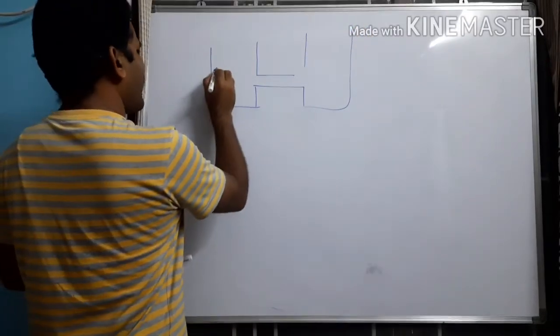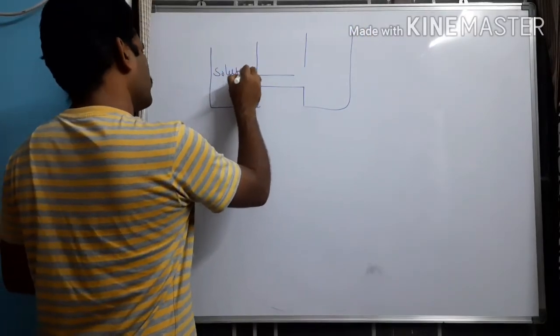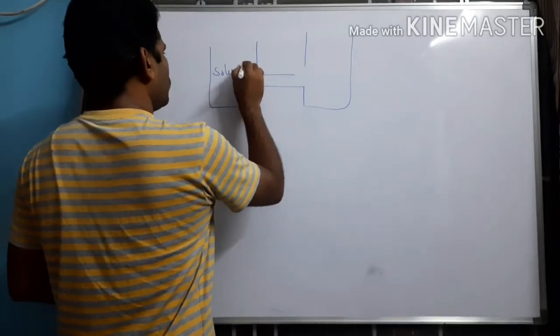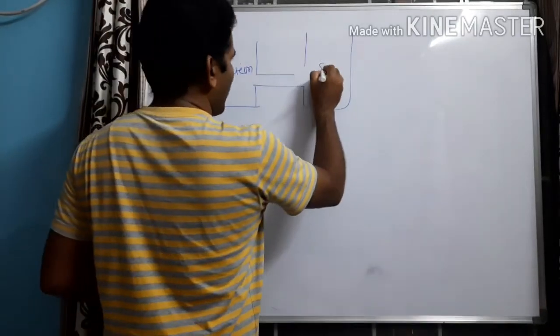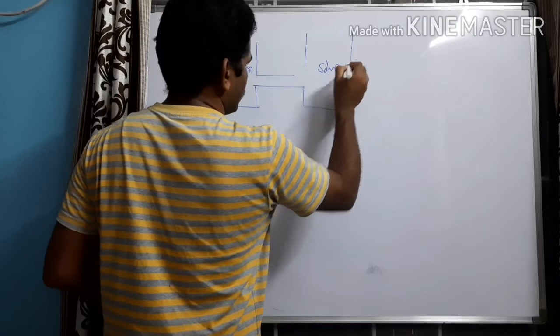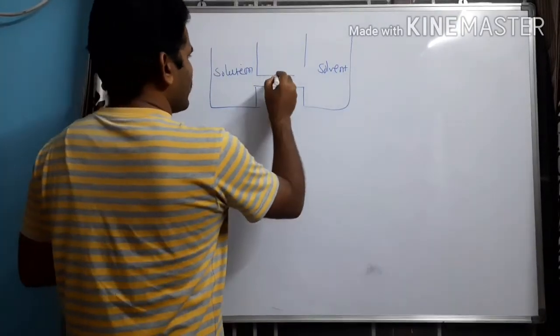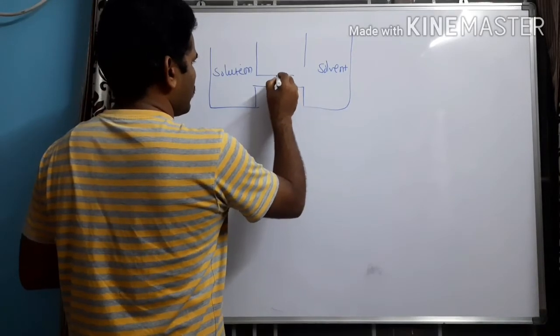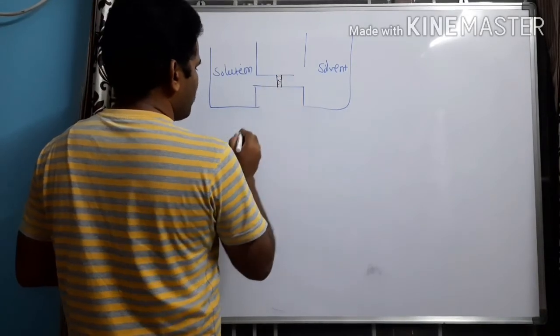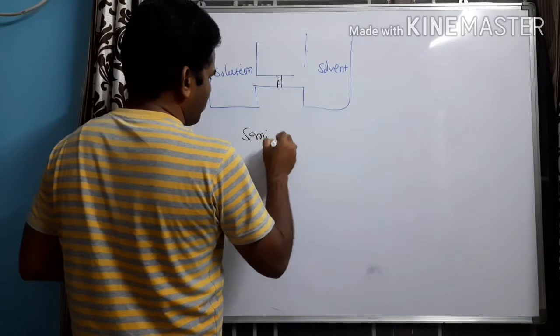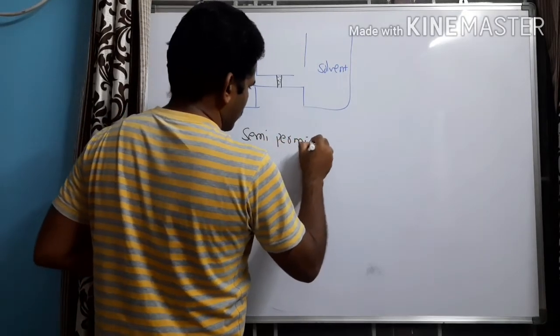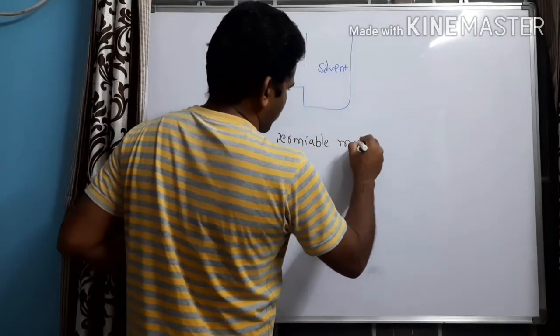In one beaker, I am taking a solution. In another beaker, I am taking a pure solvent. When these two beakers are connected through a pipe, in the pipe I am placing a semi-permeable membrane.